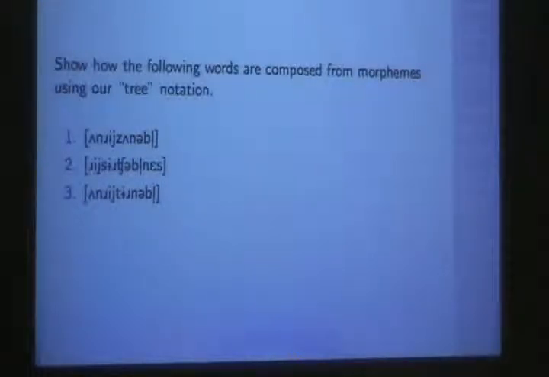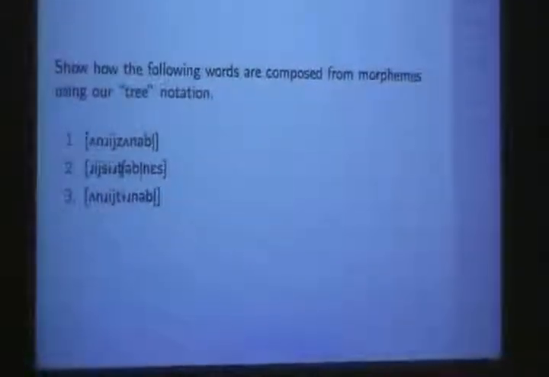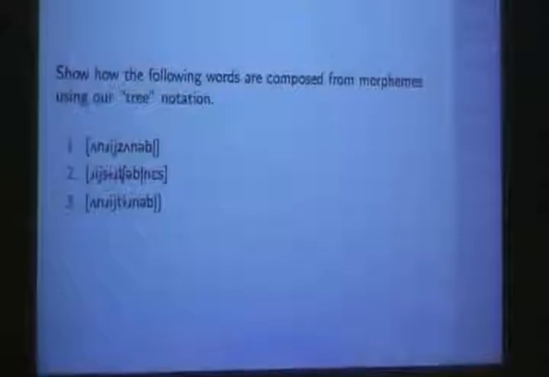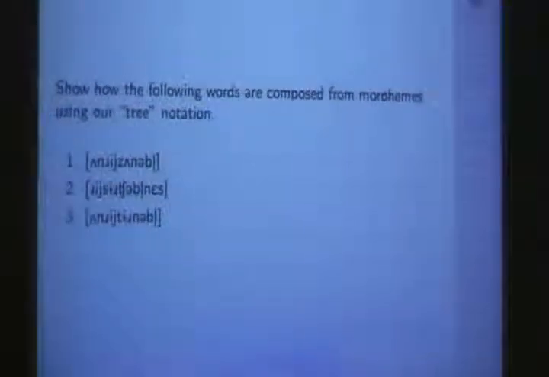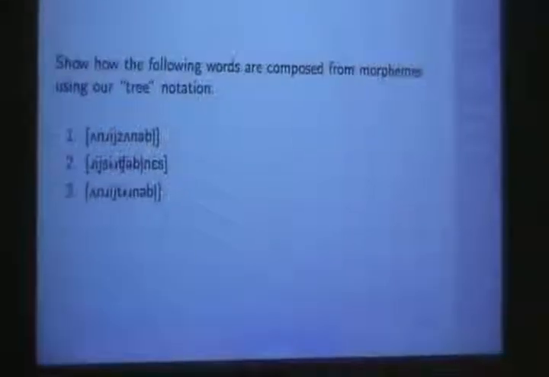We'll see some of these again in today's lecture. It's a way we saw of representing words the week before last. Okay, so an answer to this first question is, for each of these words, a parse. Break them up into morphemes. Show me how those morphemes go together.